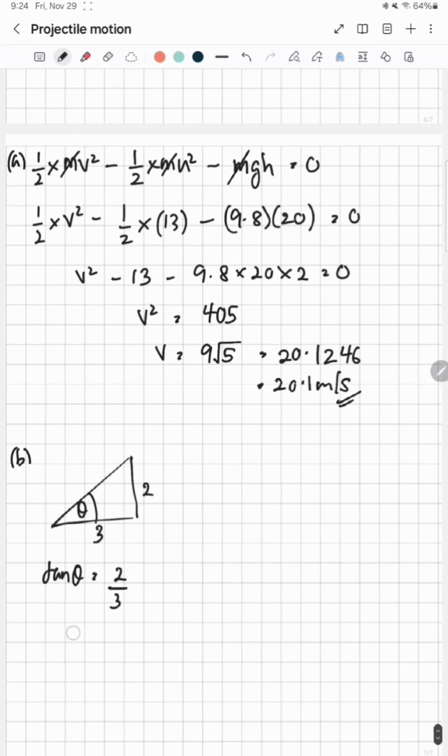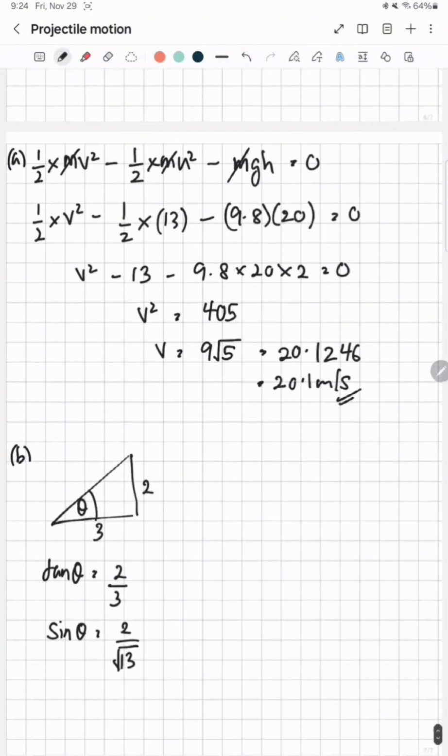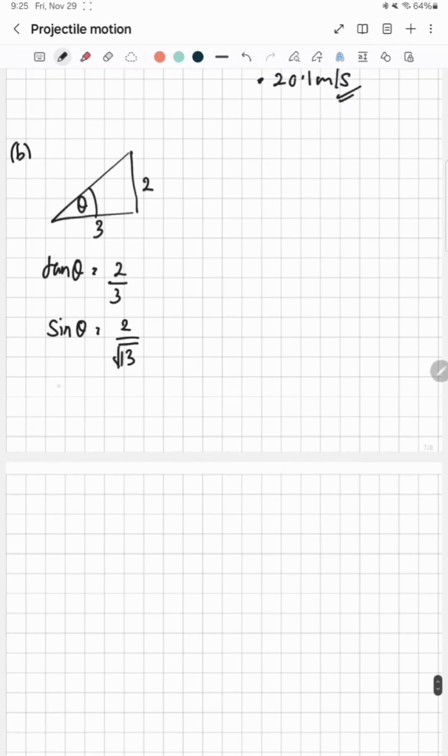Without finding the angle, we'll just find sine theta and cos theta instead. So sine theta is opposite side over the hypotenuse, which we got previously as root 13, 9 plus 4, root 13. And cos theta is adjacent side 3 over root 13.